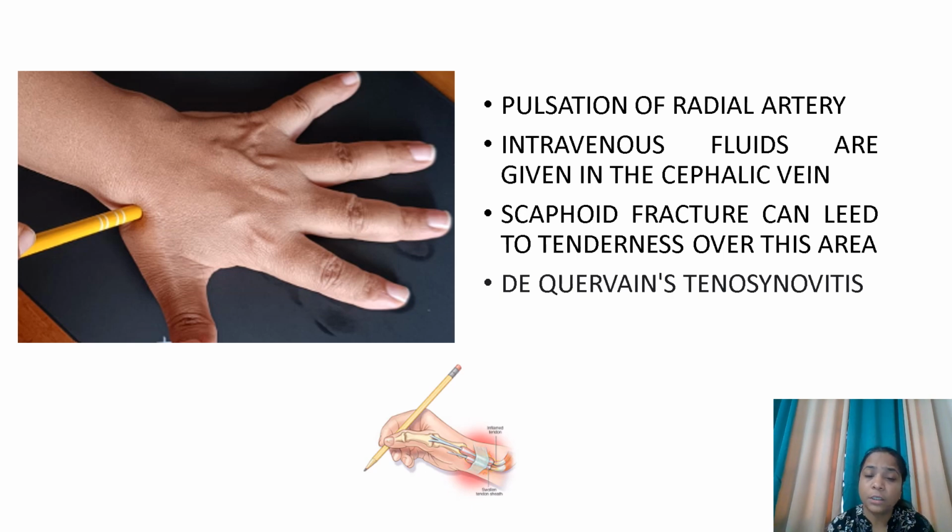The patient complains of pain in the region of the anatomical snuff box. This is because there is tendinitis, or tenosynovitis: the synovial sheath that wraps these tendons gets inflamed and swollen, and there is redness, pain, and temperature in this area. That is why this condition is known as de Quervain tenosynovitis.